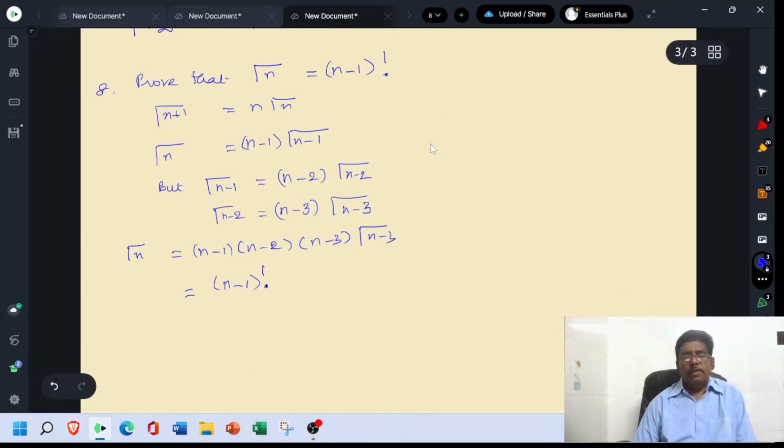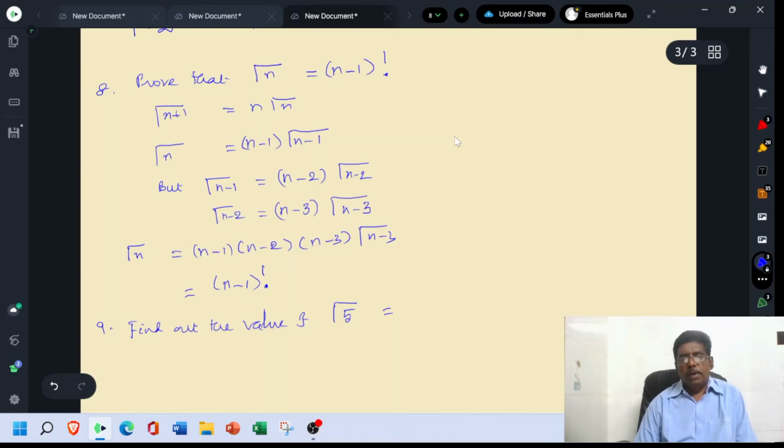If you want to understand more about this, find out the value of gamma of 5.